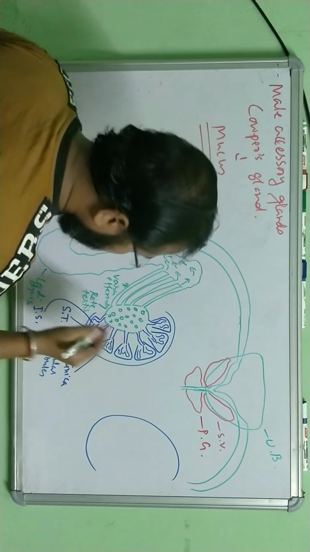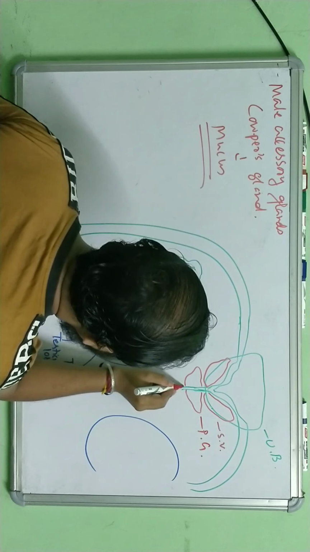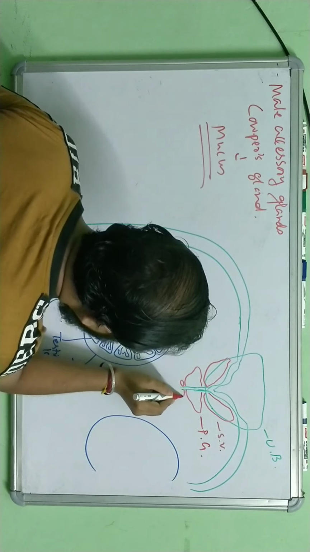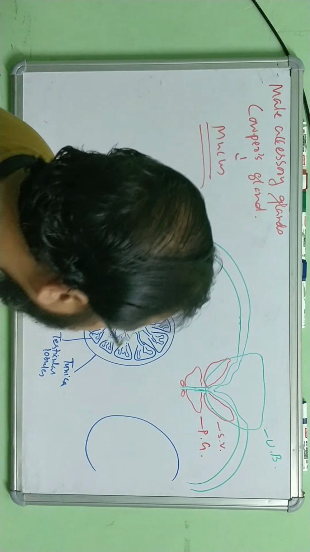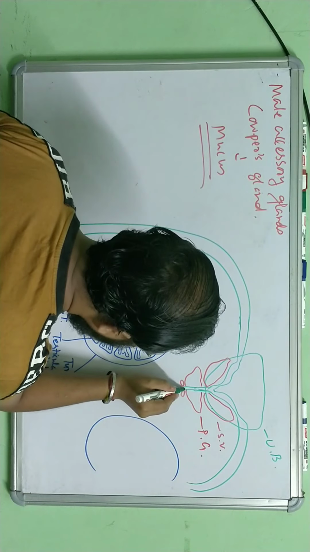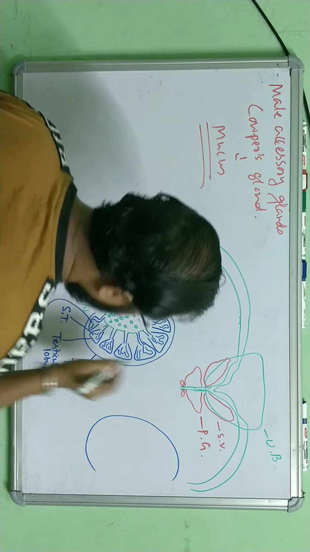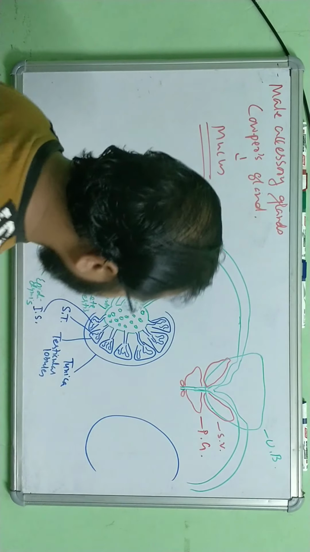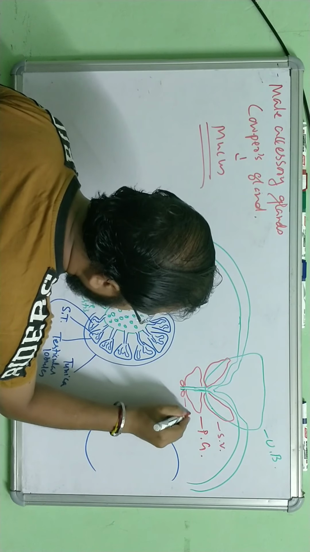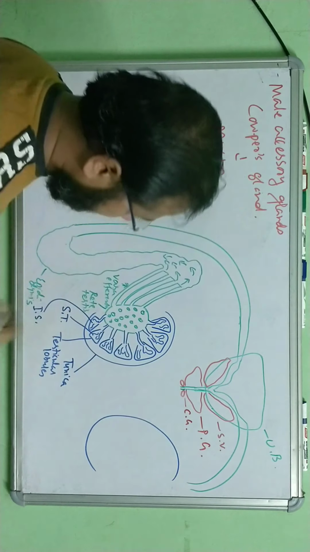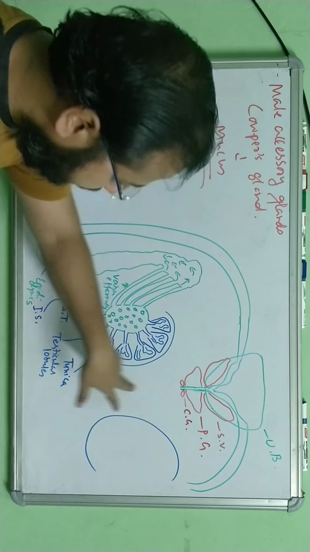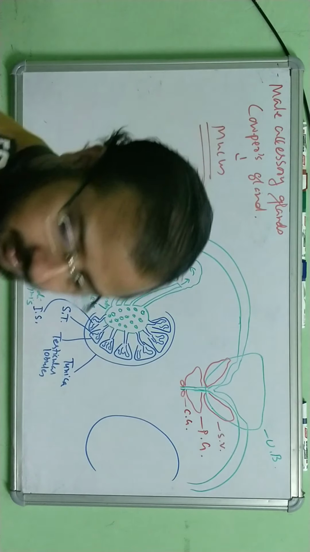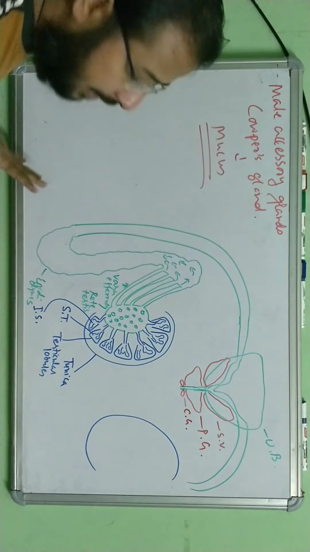The location of Cowper's gland is here in a very small manner. The Cowper's gland. Clear? Now, from here the actual urethra starts. So this is all about the glands we have discussed.